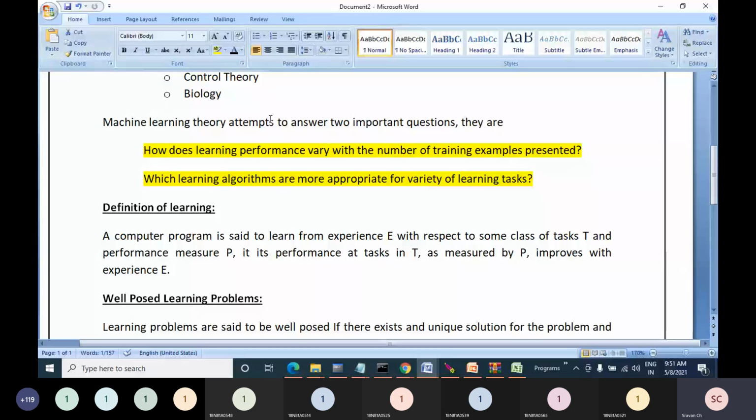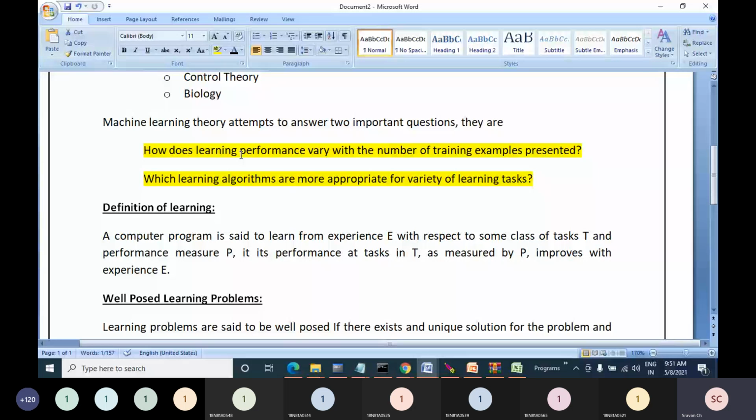Friends, these two statements you will not understand as of now, because you don't know the meaning of learning. First of all, what is learning? Learning does not mean the way we learned in school education, 10th, intermediate. Not that learning. We are talking about machine learning, how machines will learn.